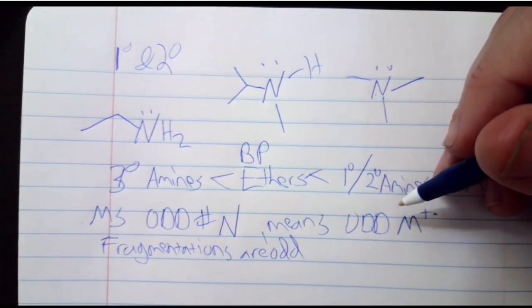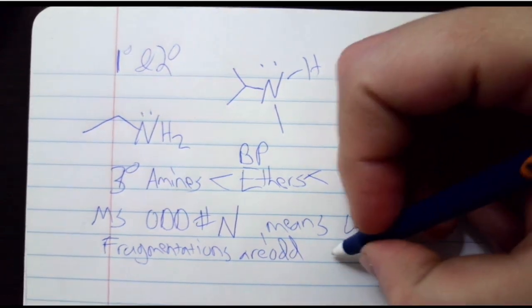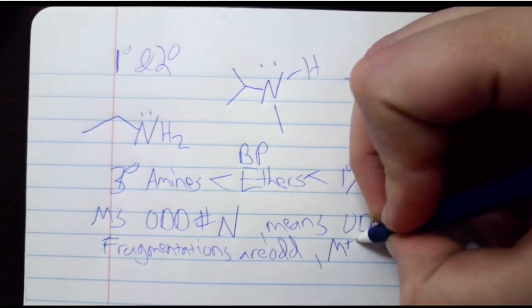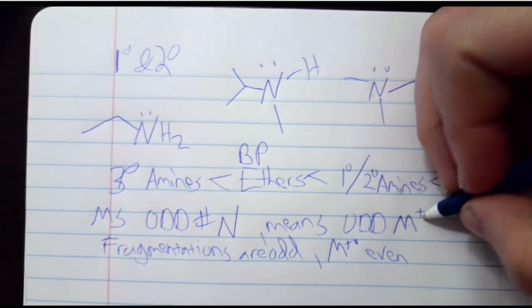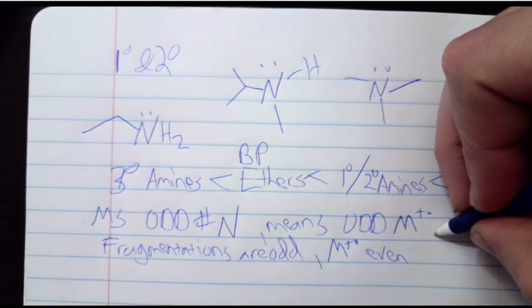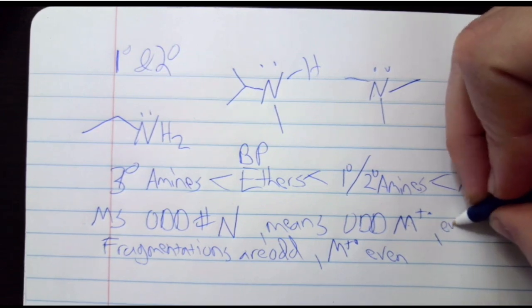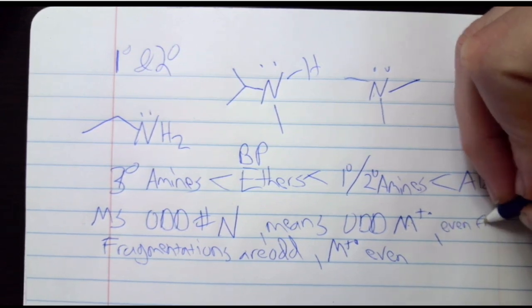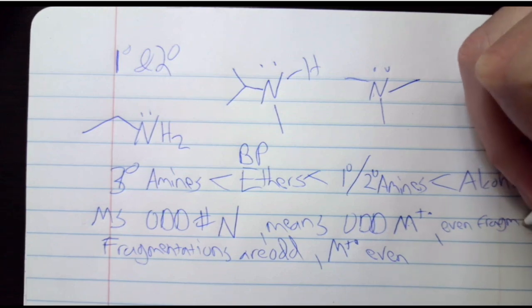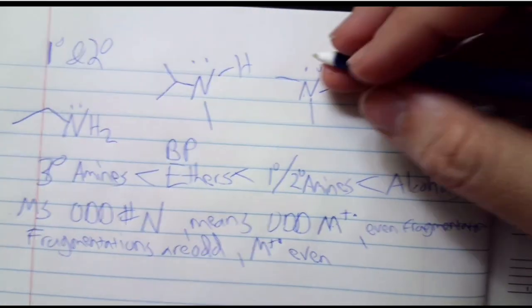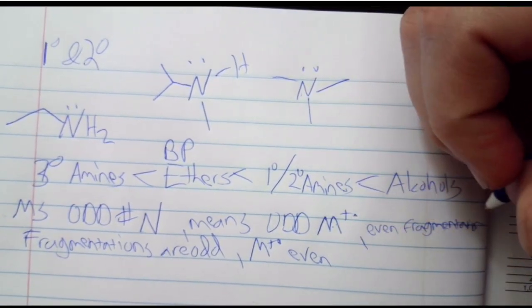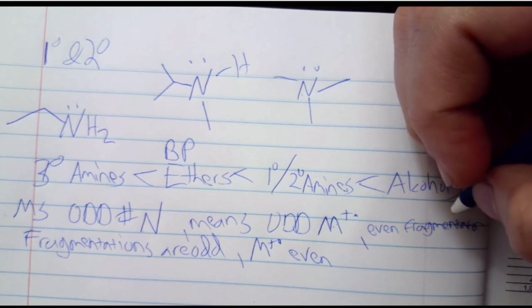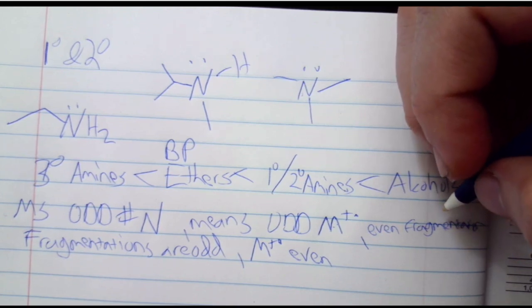But the M plus peak should be even. But if you have an odd M plus peak, then you'd have even fragmentations until you lost the nitrogen. So if we lose the nitrogen, we lose the thing that's making it odd, makes an odd thing even. If you subtract an odd from an odd, it becomes even.